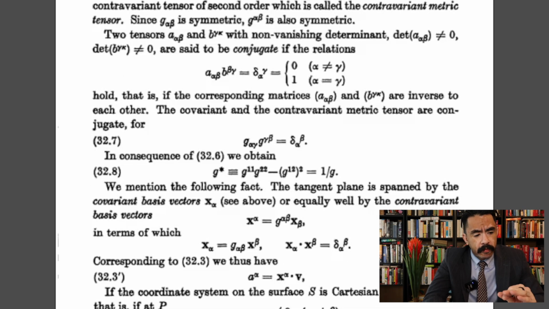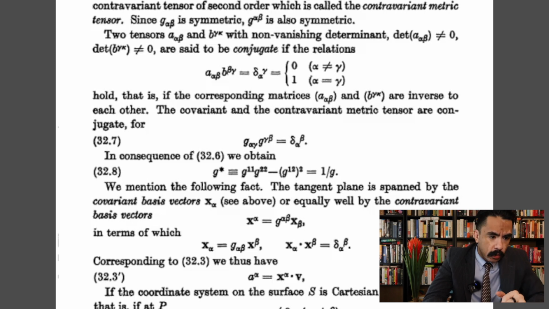Consider two tensors a sub alpha beta and b superscript gamma kappa with non-vanishing determinants, namely the determinant of a sub alpha beta is non-zero, and the determinant of b superscript gamma kappa is non-zero. These two tensors are said to be conjugate if the relations a sub alpha beta times b superscript beta gamma equals the Kronecker delta symbol sub alpha superscript gamma hold, which is equal to 0 when alpha does not equal gamma, or equals 1 when alpha does equal gamma.